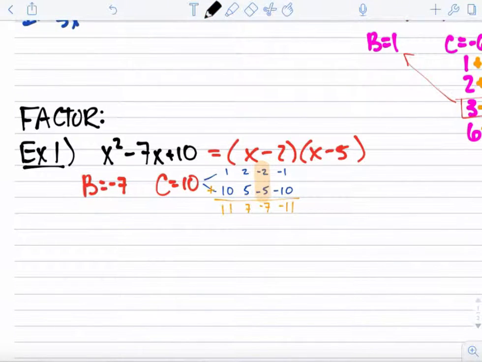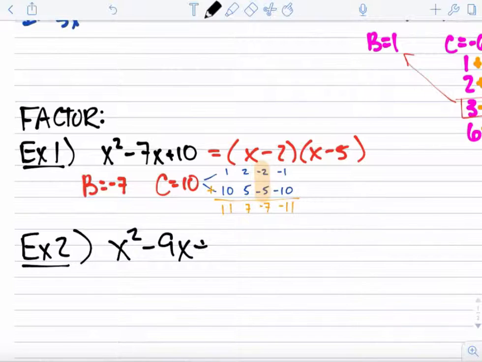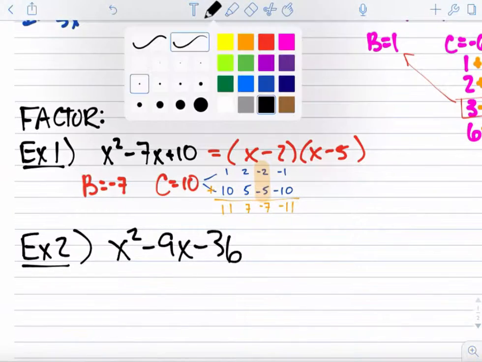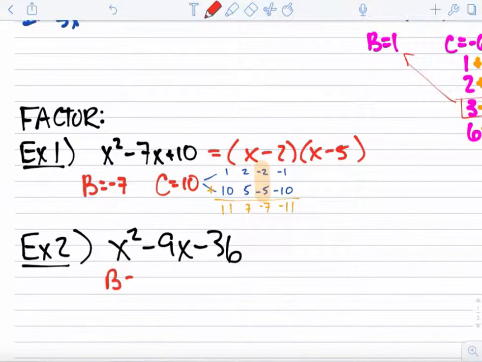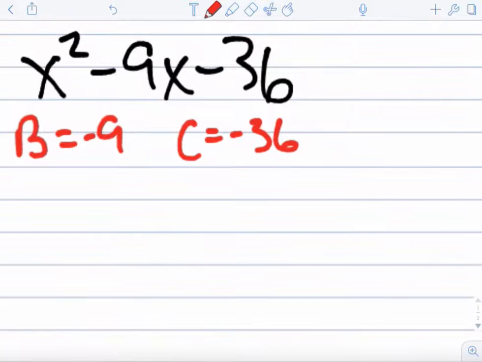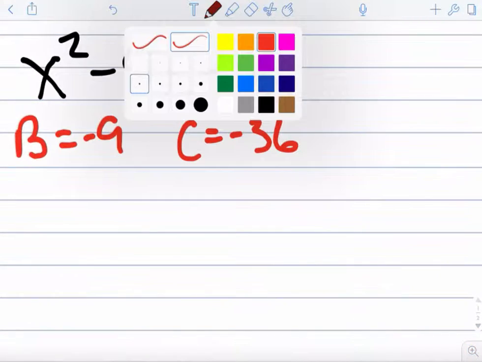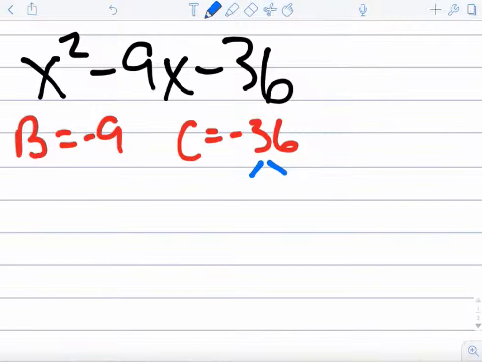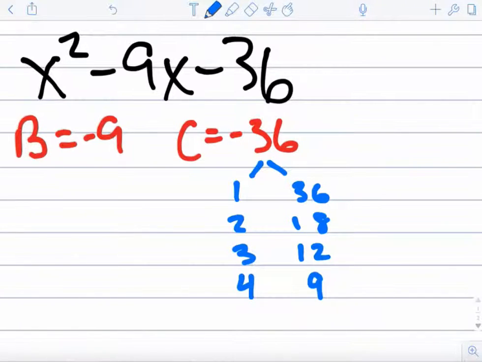Let's look at the next one. Example 2. We have x squared minus 9x minus 36. Again, I'm going to go through the process. B is equal to negative 9 and C is equal to negative 36. I want factors of negative 36 that add to negative 9. I can do 1 and 36, 2 and 18, 3 and 12, 4 and 9, positive and negative, and then 6 and 6.